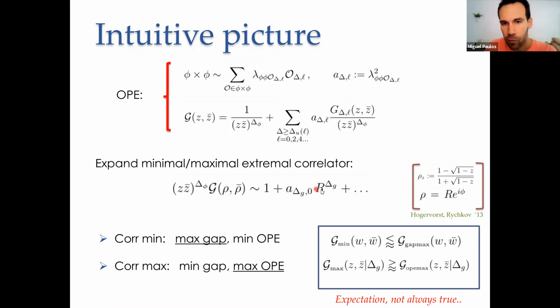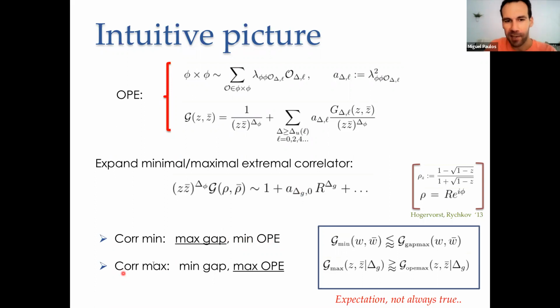Now let us see, what do we want to do? We want to either minimize or maximize the correlator. How can we do this? If we want to minimize, clearly, since this radius will be smaller than 1, we want to maximize the gap and to some extent also minimize the corresponding OPE coefficient.